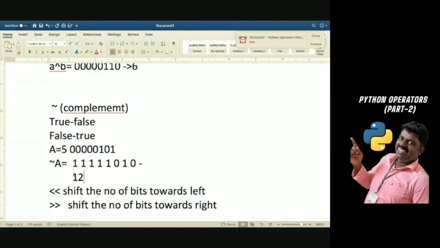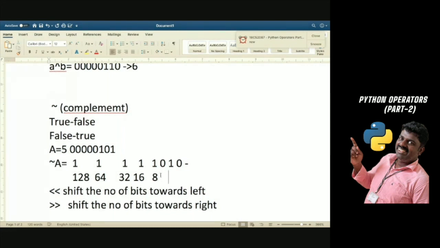So 128 for this one, plus 64, plus this one will be considered 2 power 5, and then 2 power 4 is also included, so 16, right, and then 8 too, will also be included.